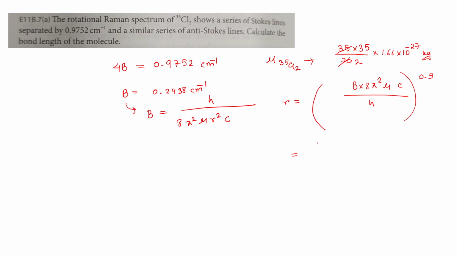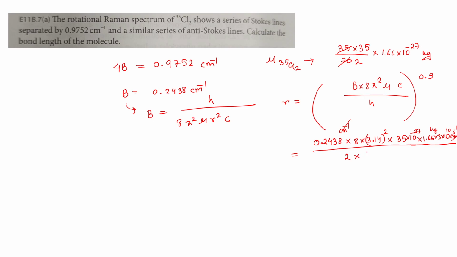So it is 0.2438 into 8 into 3.14 square into mu, 35 by 2 into 10 to the power minus 27 into 1.66, into c, 3 into 10 to the power 10 centimeters per second. Here mu is in kg, and b is in centimeter inverse.